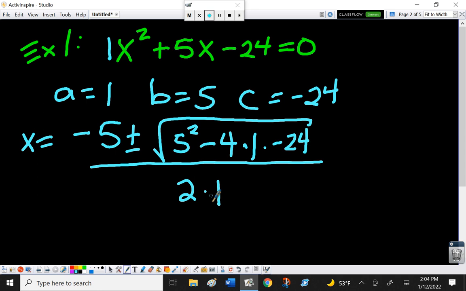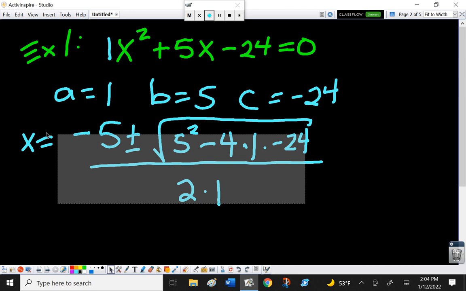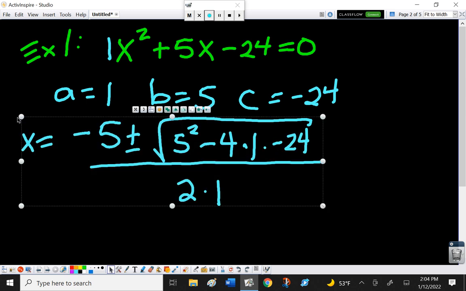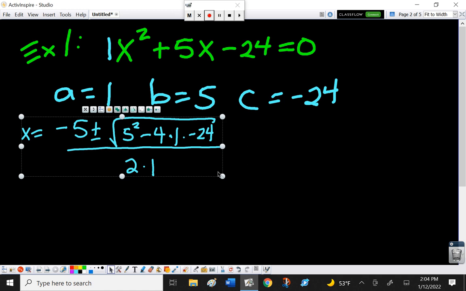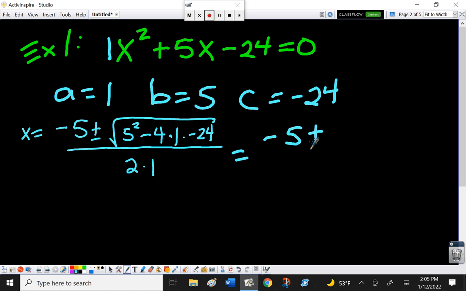Now, if you plug in the numbers correctly, I can give you partial credit. But then we got to do some simplification. So, let's go ahead and simplify this. And it really doesn't take too much because we got calculators and we can use our calculators to help us simplify. So let's go ahead and do this. Ready? Well, it's going to start off negative 5 plus or minus. So far nothing's changed.